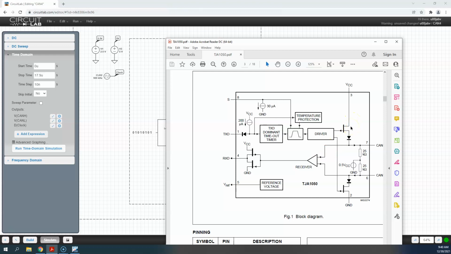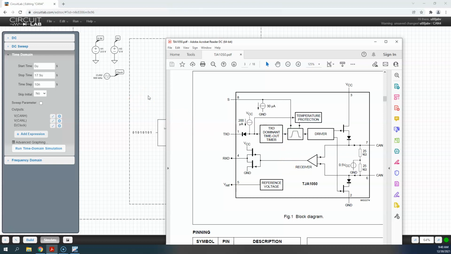But yes, you could definitely damage this driver. Same thing with over temperature. So we might make one of these come on and the other one not come on, and that's bad on the CAN network, as we'll see for a failure. And in that case, there is no fixing this, and you have to replace that controller. It's not like you can go in and fix this particular chip, at least not in the field.